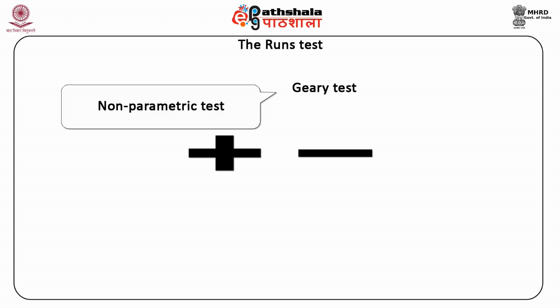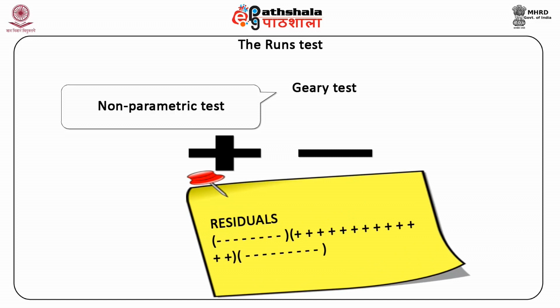For example, we may observe residuals with the following pattern of signs: negative, negative, negatives, then positive, positive, positives, and then again negative, negative, negatives. In this example, we observe 8 negative residuals, followed by 13 positive residuals, followed by 9 negative residuals, for a total of 30 observations.